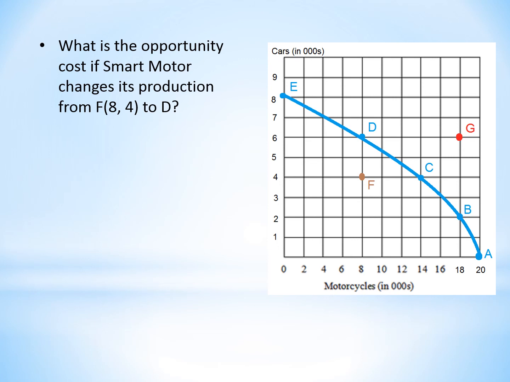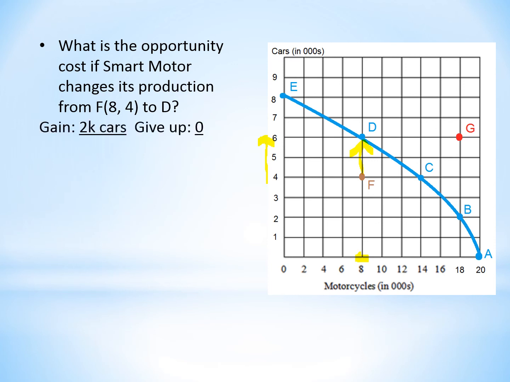Let's take a look at the next question. What is the opportunity cost if Smart Motor changes its production from F to D? From F to D, so it changes up like this. Okay, let's see. This change increased the production of cars, so it gained 2,000 cars, right? From 4,000 to 6,000. Do they give up anything? No, they still produce 8,000 motorcycles.